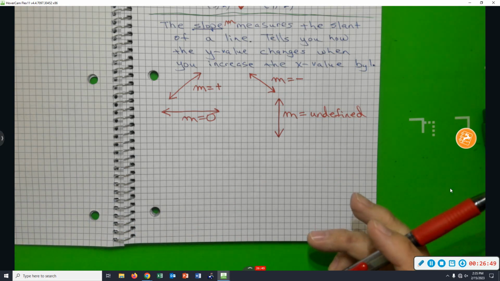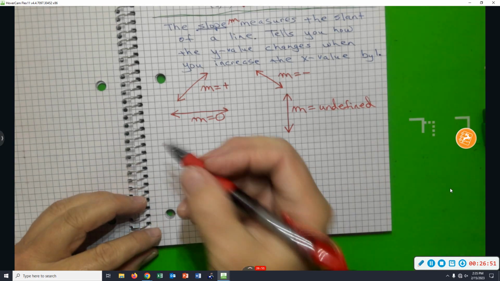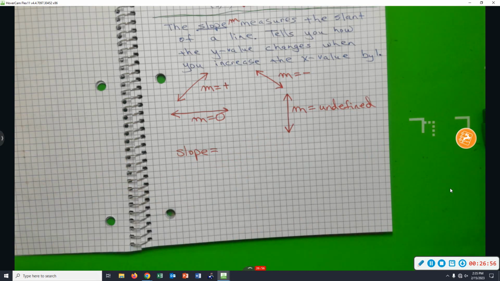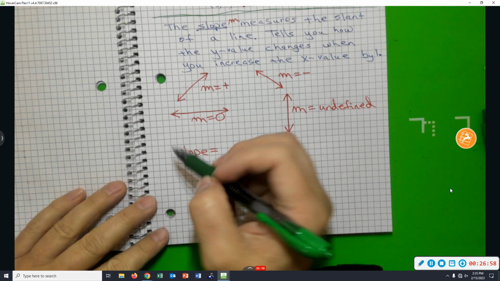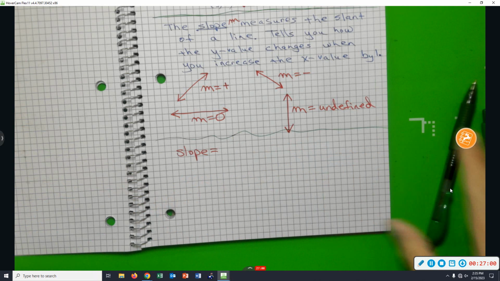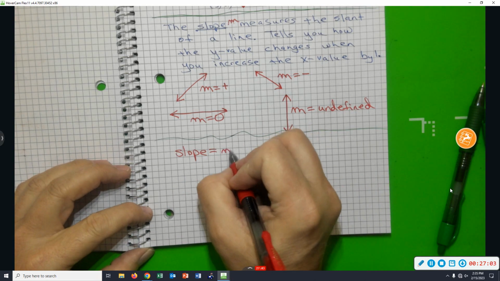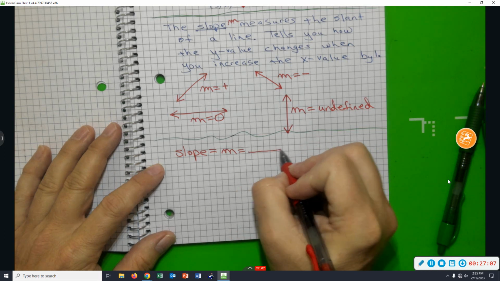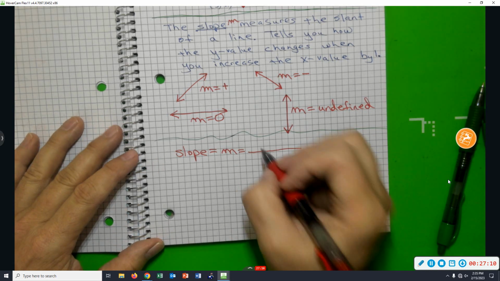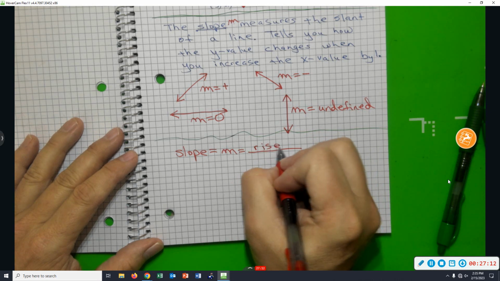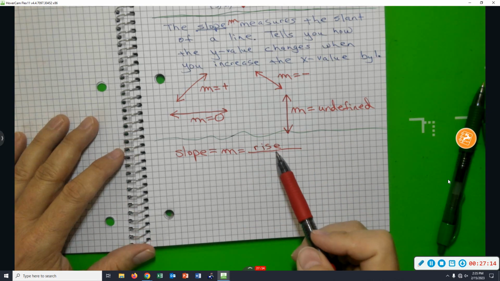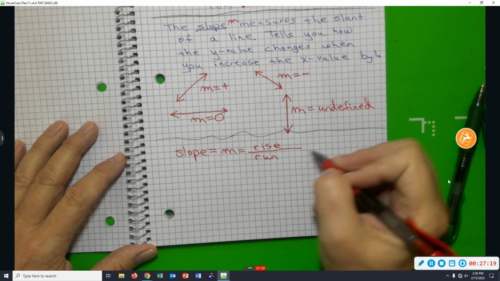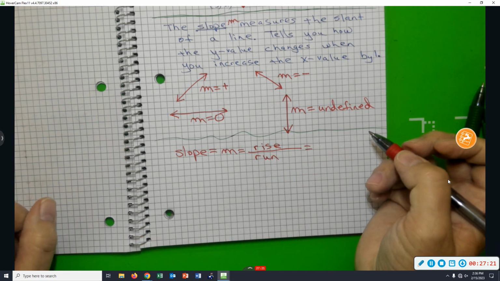And formally, slope equals... we say graphically the slope of a line is found by using the fraction rise over run. The rise is the vertical movement.